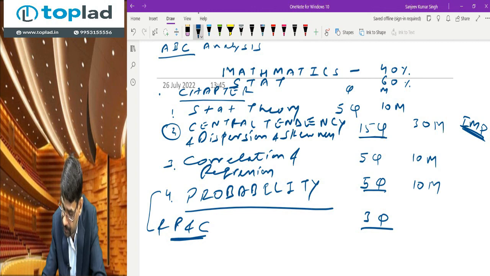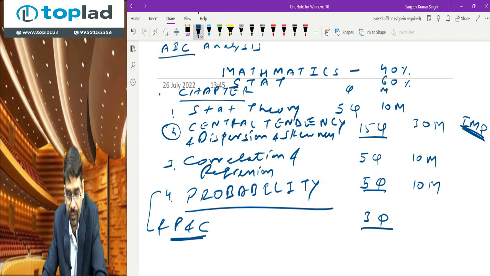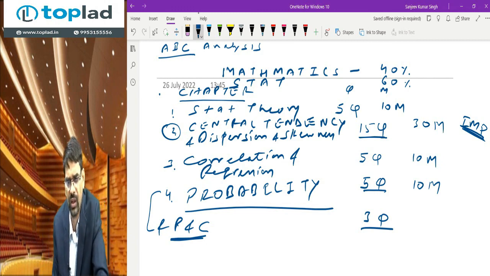Total 100%. So friends, please keep in mind, and you can easily decide how much time you will give to each chapter.